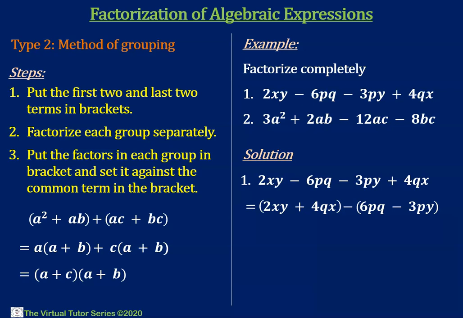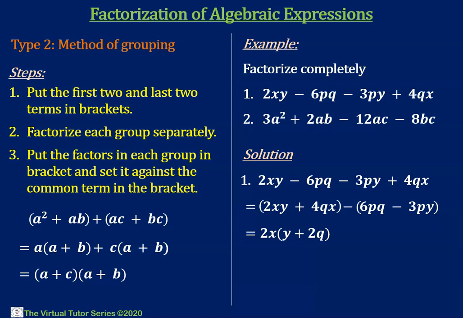The second step is to factorize each group separately. The common factor for 2xy and 4qx is 2x. So the first group factorizes into 2x into bracket y plus 2q bracket close. The common factor for 6pq and negative 3py is negative 3p.